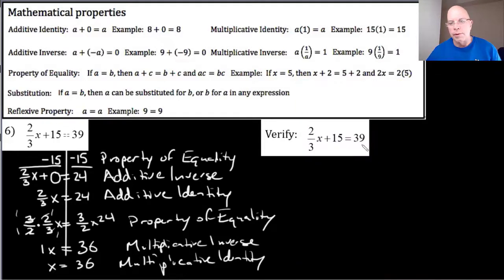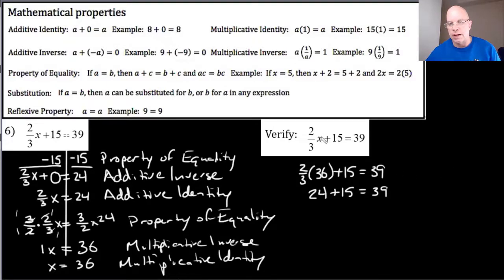All we do is we rewrite the equation, but when we get to x, we substitute the value that we found for x, which is 36. Two-thirds of 36 is 24 because a third of 36 is 12 and 2/12 is 24. I forgot to write my property here.